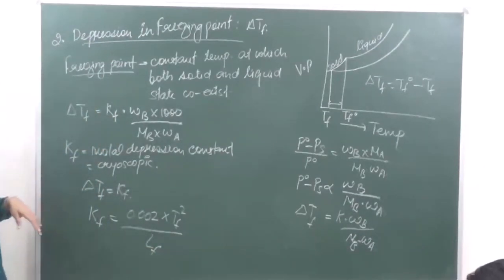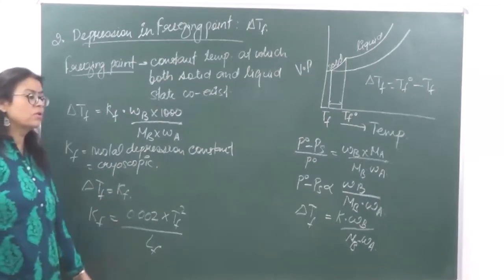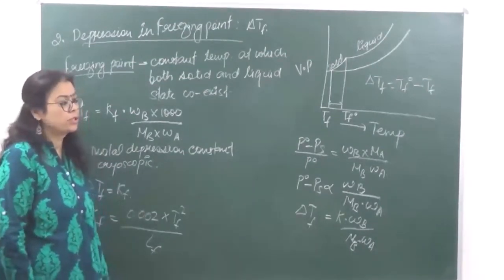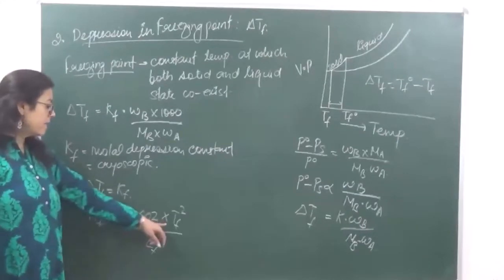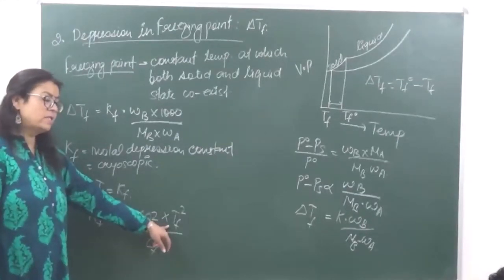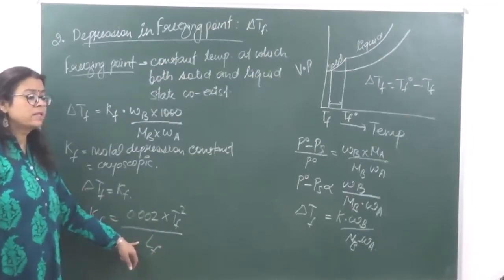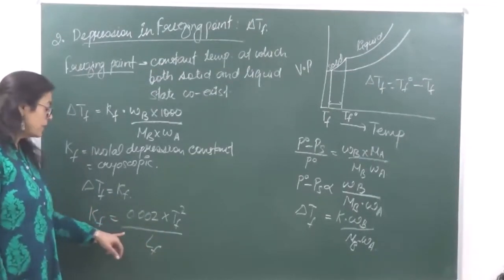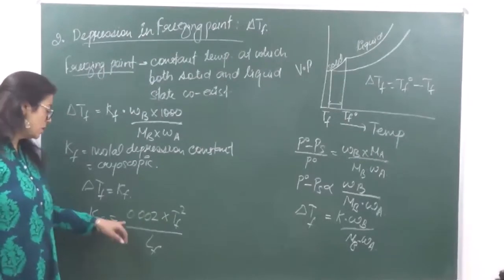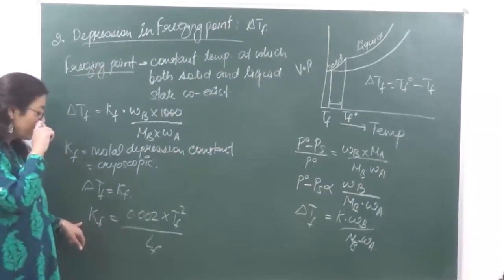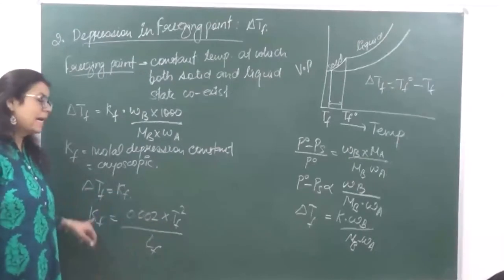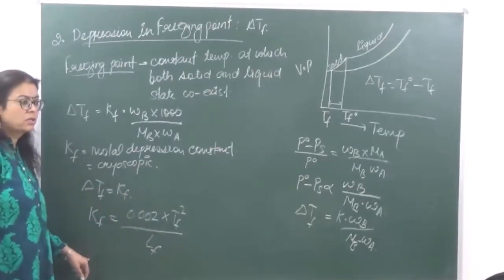Here Tf is the freezing point of the solvent and Lf is the latent heat of fusion. So if Kf is not given to you in the question, sometimes it is not given, Kf can be calculated by this expression.